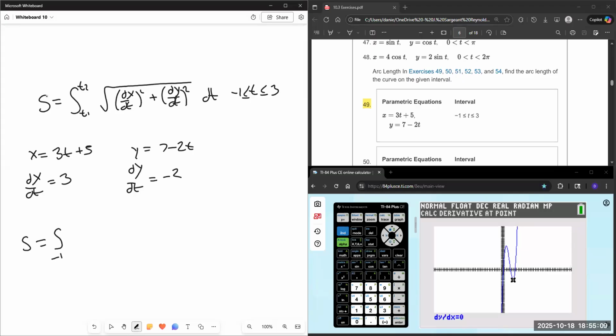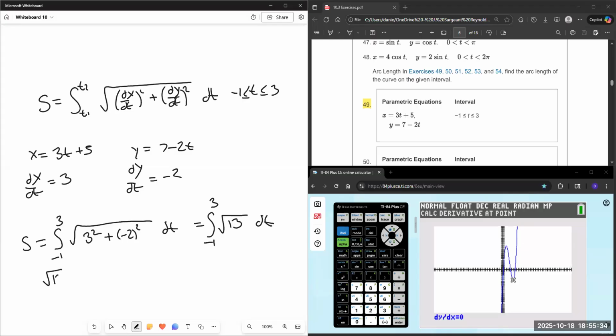So s is from negative 1 to 3, an integral of square root of 3 squared plus negative 2 squared, all under the square root sign dt, is integral from negative 1 to 3 of the square root of 9 plus 4 is 13 dt.